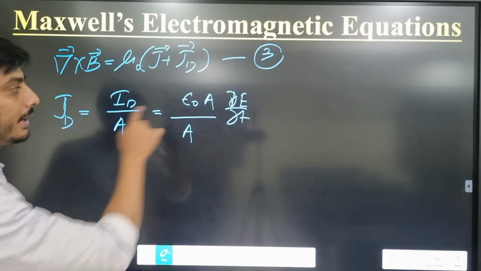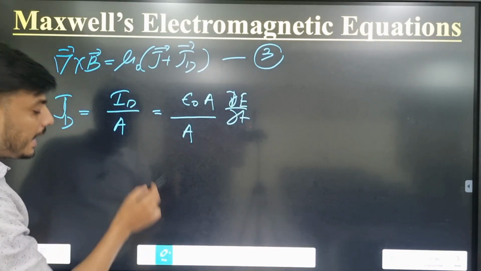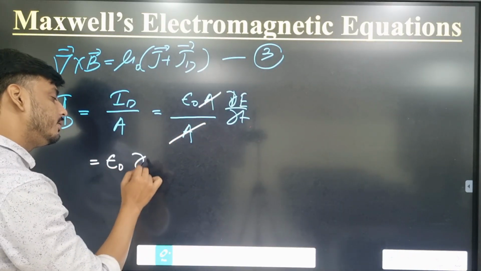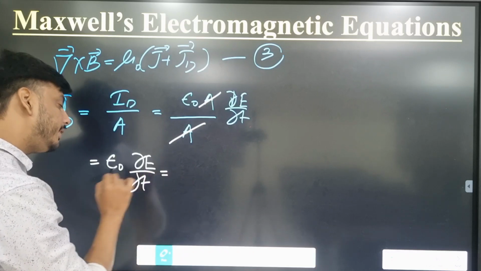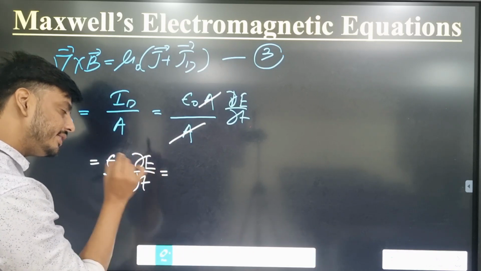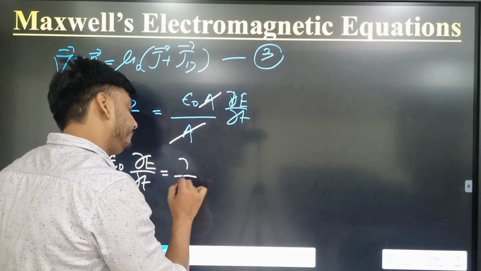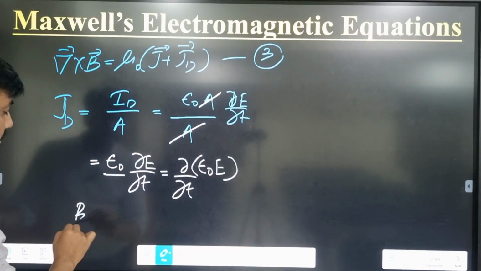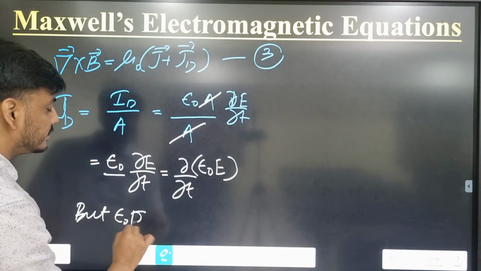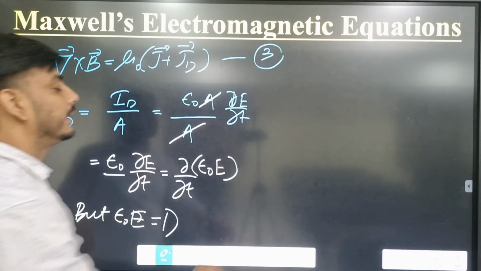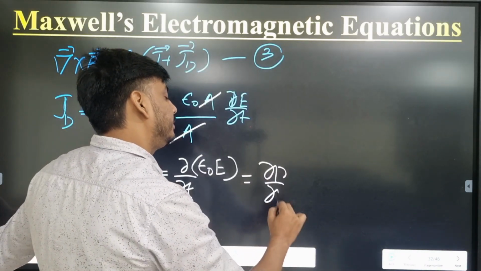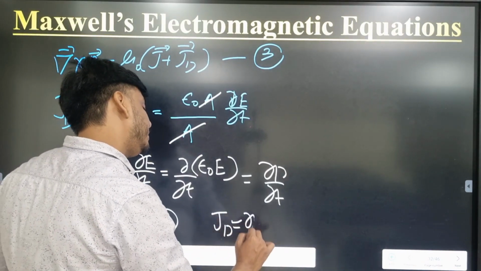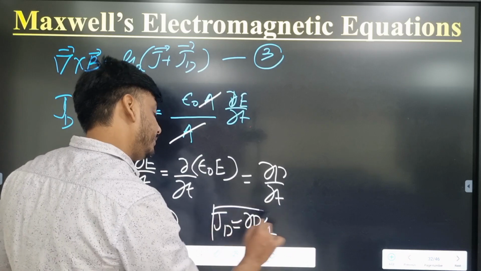Now we can cancel area, so the remaining part will be epsilon naught del E by del t. Since epsilon naught is a constant, we can take it inside the derivative, so this will be del by del t of epsilon naught E, but epsilon naught E is capital D, so we can directly write del D by del t. So J_D is nothing but del D by del t.